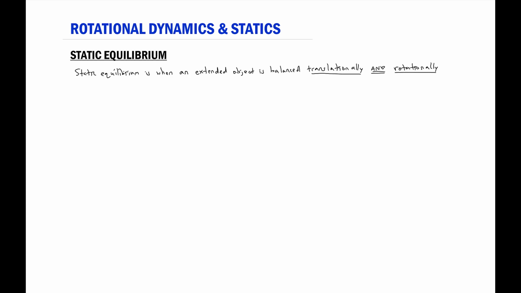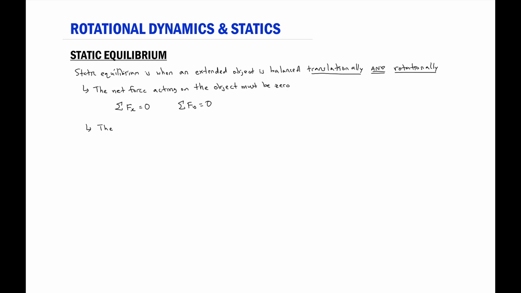So it must meet the following two conditions. Number one, the net force acting on the object must be 0. So that means the sum of the horizontal forces must be 0, and the sum of the vertical forces acting on the object must be 0.